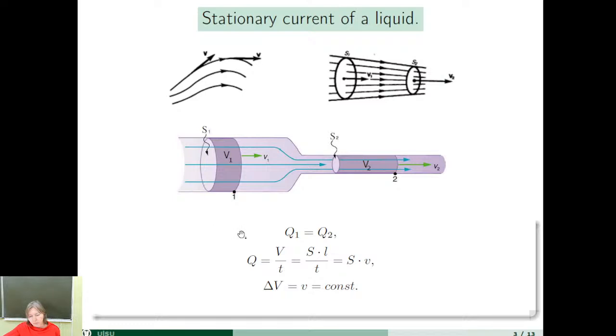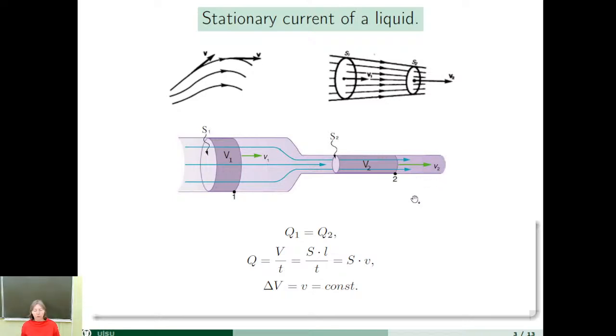Look at this picture. This is a volume V1 and area S1, and this volume V2 and area S2, and this velocity is v1 and this velocity is v2.